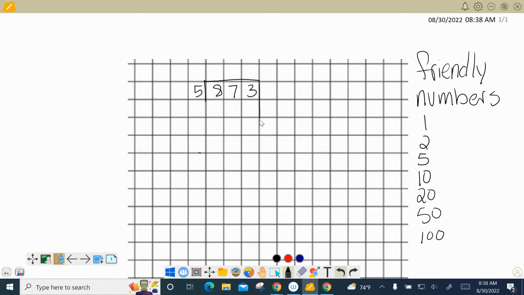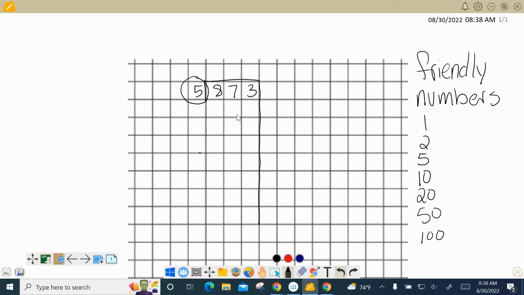Go ahead and draw this right line all the way down to about there. For partial quotients, we need that right line so we can separate our friendly numbers from our subtraction. Some of you were drawing this line yesterday for your normal division, and that's fine as well, but it's usually for partial quotients.